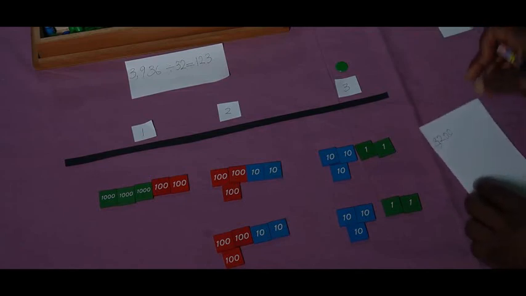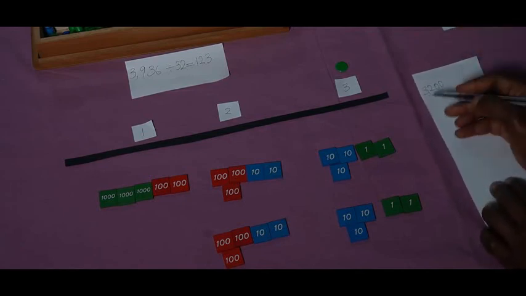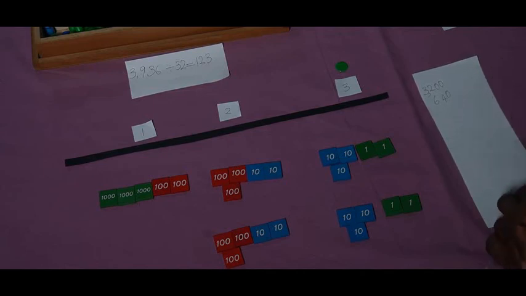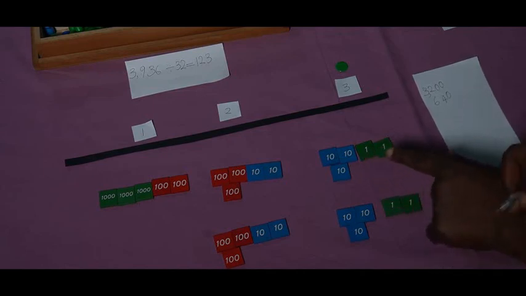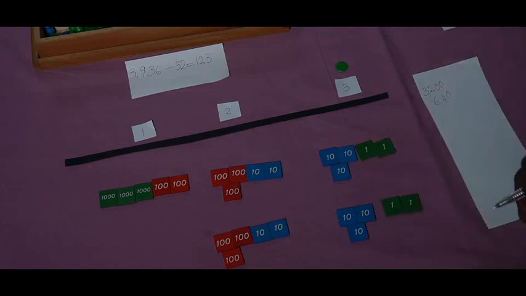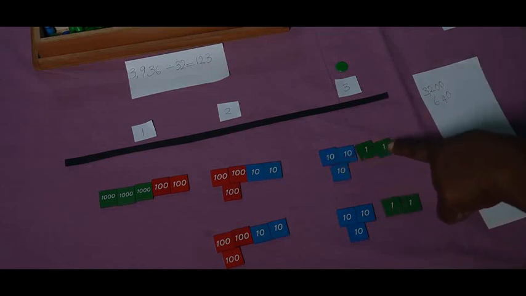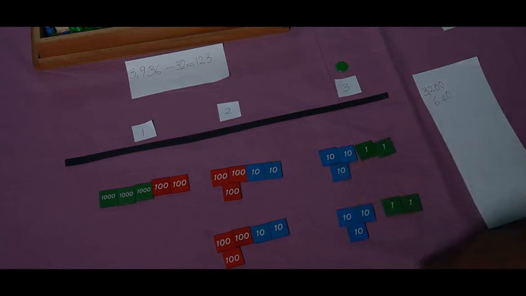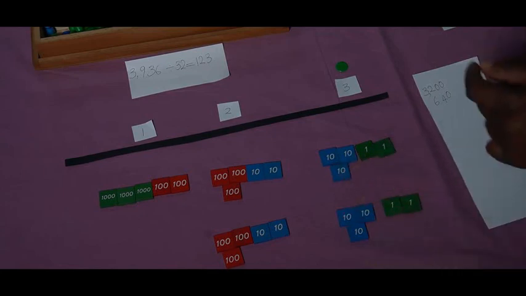We add that to our previous value, 640. Now we look at our next category, which is 32 units. 32 units, we have that in 3 places, 3 groups.